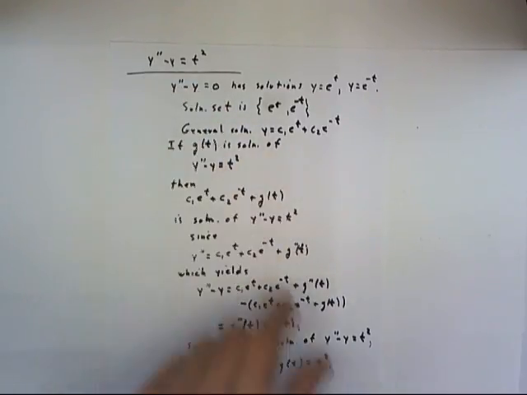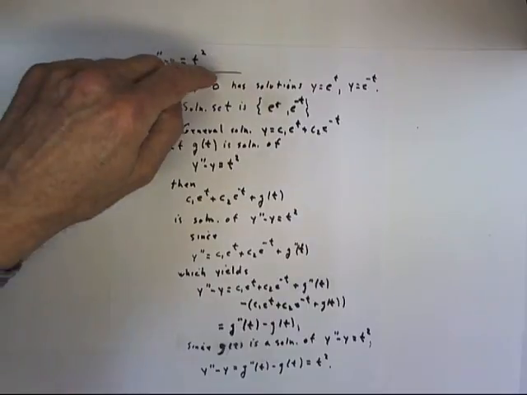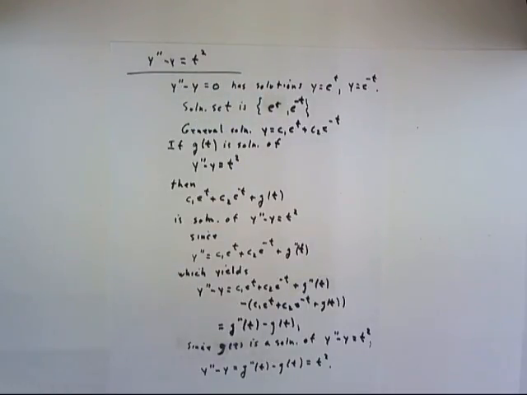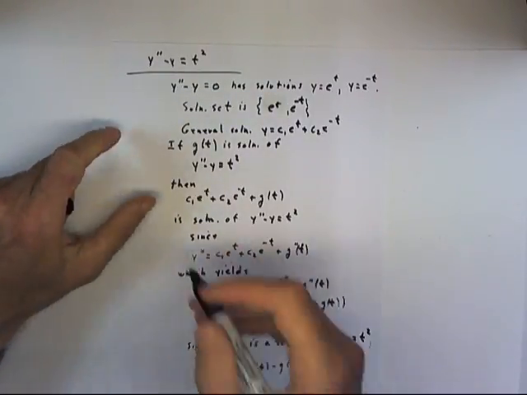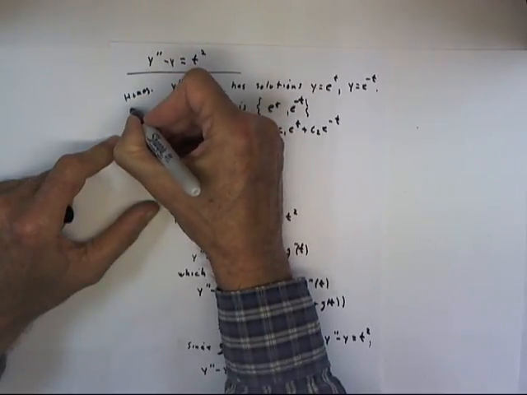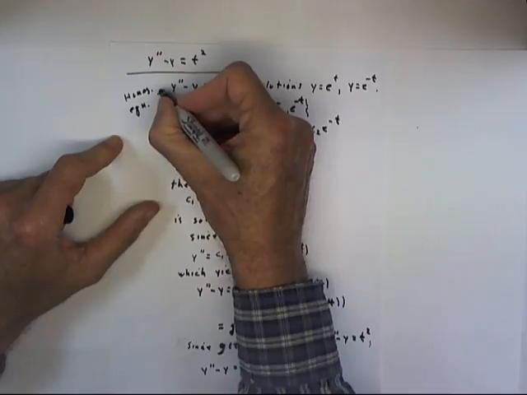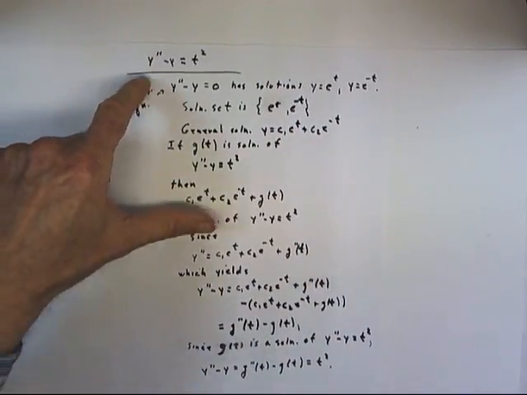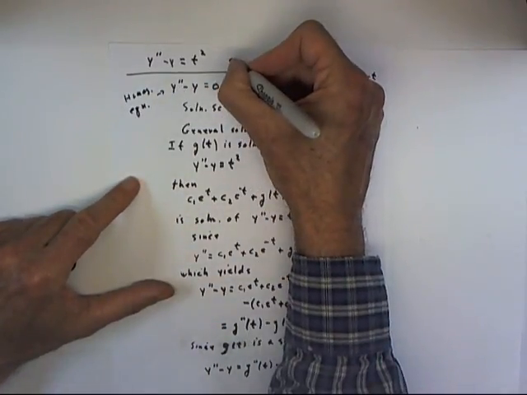So the homogeneous equation is y double prime minus y equals 0, and we're going to call this the homogeneous equation. Let's make a little note that that's the homogeneous equation that goes with this non-homogeneous equation.